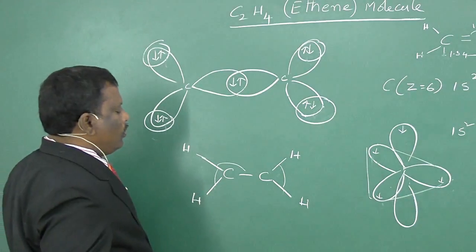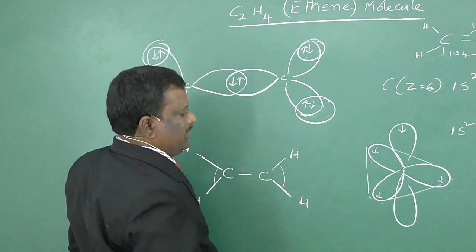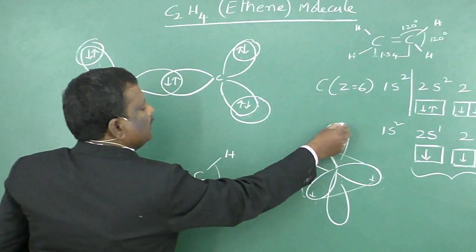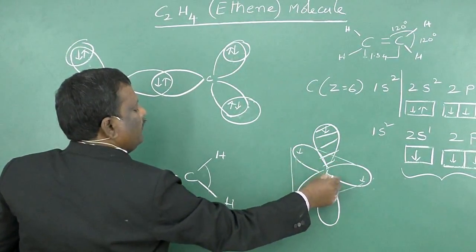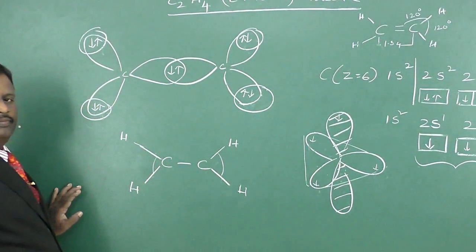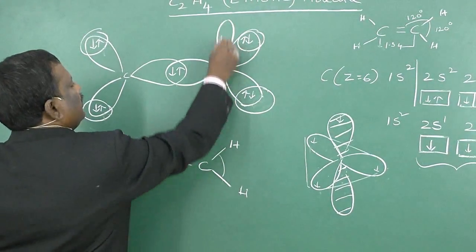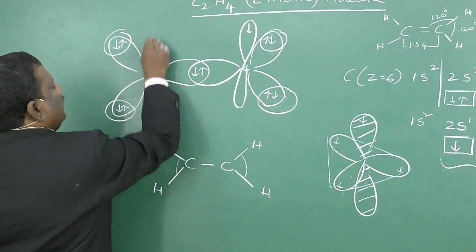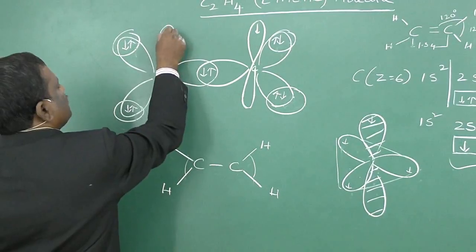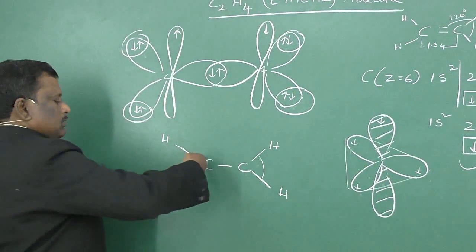Now, what about this p orbital? Here in this carbon, we have 1 half-filled p orbital. Only these 3 orbitals are involved here. So on each carbon we have a pure, half-filled p orbital, and they are perpendicular to this plane.